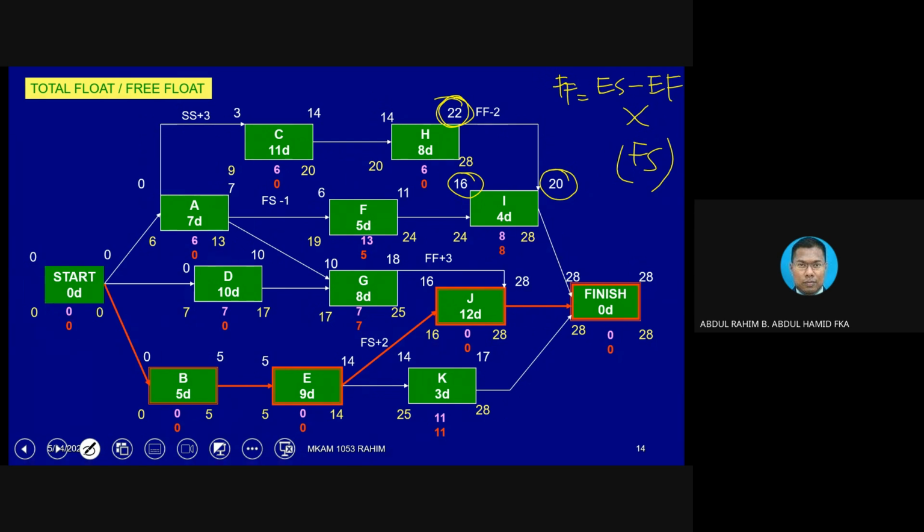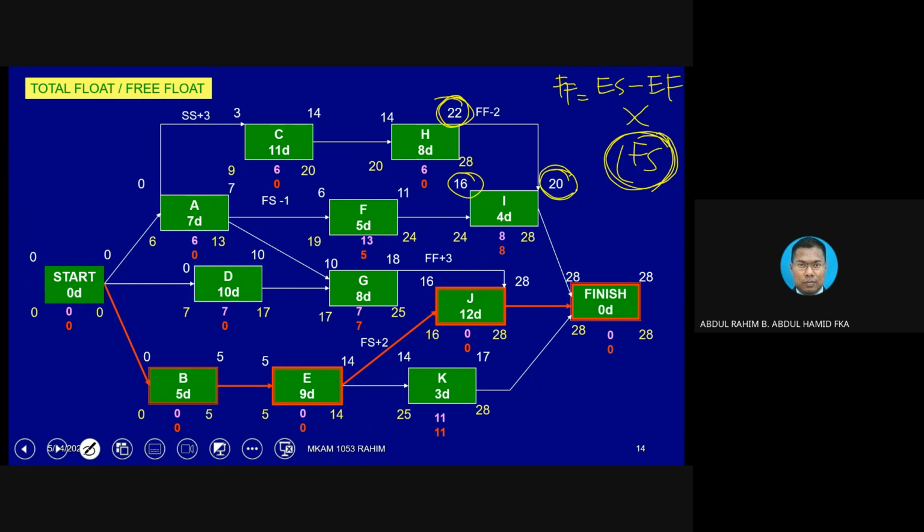The starting basically refers to this concept originally. But then if the relationship is finish to finish, then how are we going to use that kind of situation? Well, never mind. Don't worry about that. We can still use whatever relationship.